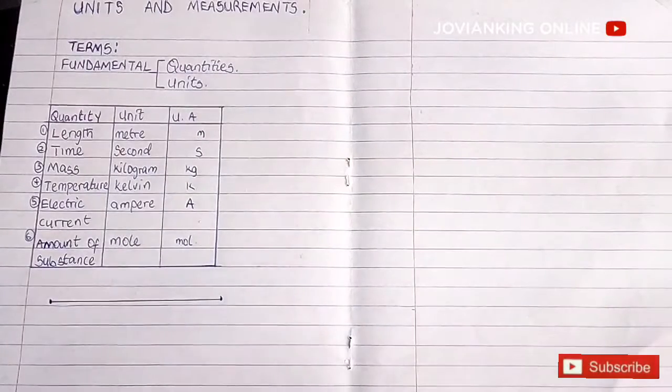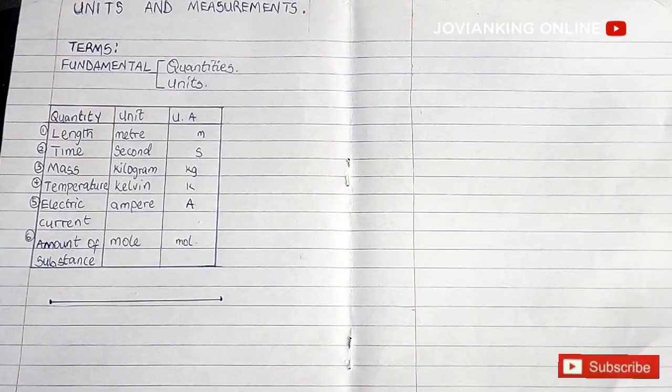The fourth one I have is temperature, and temperature is the high or low degree of a body. It's either the body is hot or cold or cool. Temperature is measured in Kelvin. The degree of hotness or coldness of a body is the definition I have for temperature.